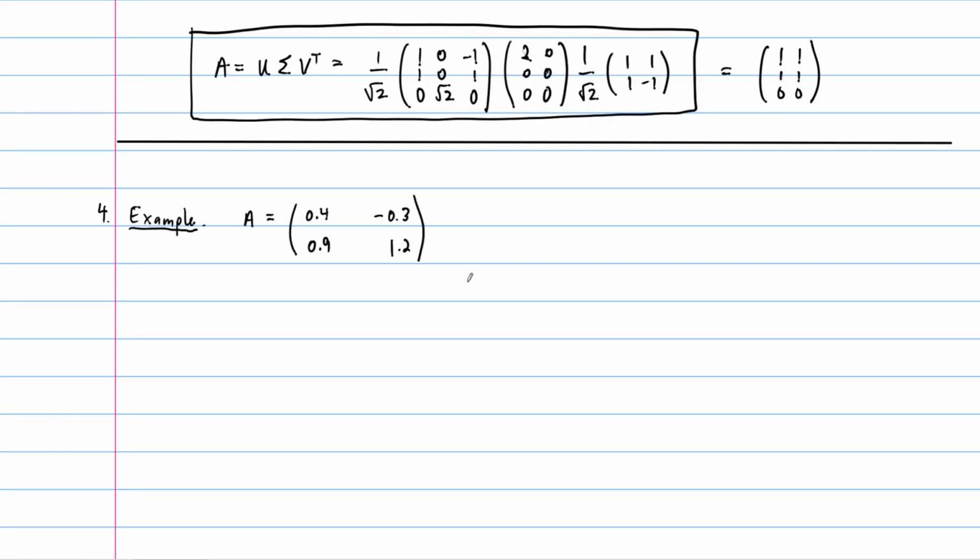So the way that we want to think about the SVD is as follows. Really, we want to think about the matrix A as mapping vectors from its row space to its column space. And then the matrices V and U are orthonormal bases of the row space and the column space respectively.